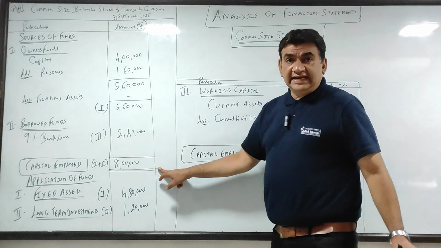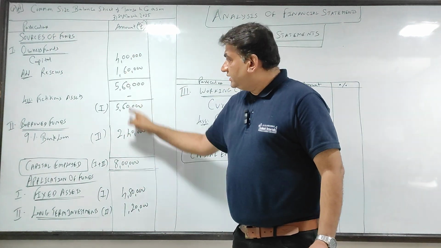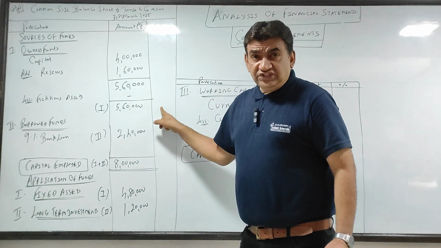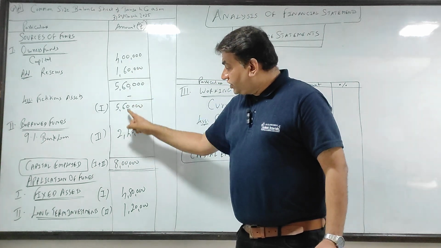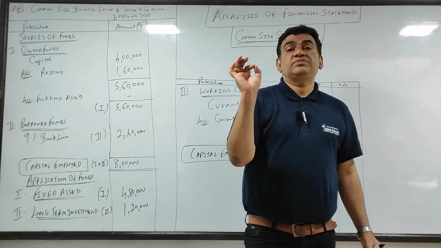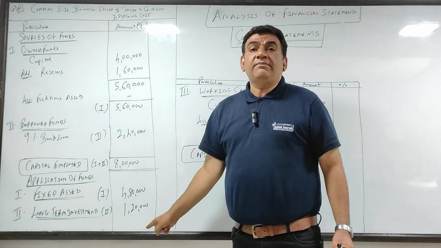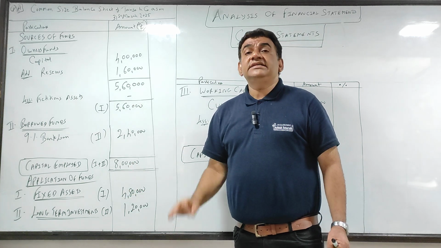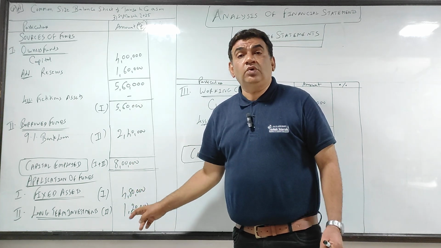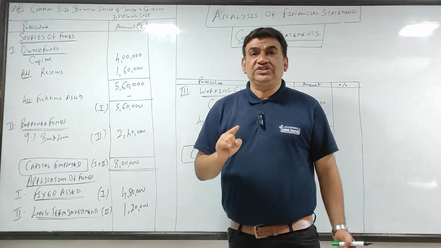Balance sheet का total is 8 lakhs. Now what you are supposed to do? Each and every amount of the balance sheet is how much percentage of the total, that is 8 lakhs. That is common size balance sheet.